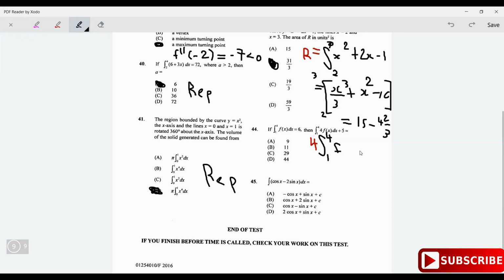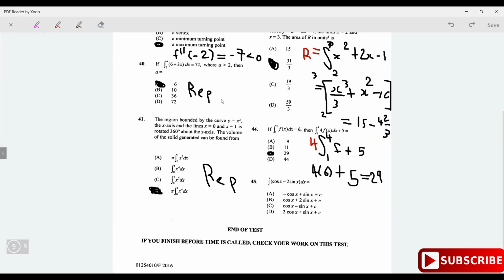That's just going to be equal to 4 times 6 plus 5. 4 times 6 is 24, plus 5 is 29. Nice and easy, soft. Easy question.